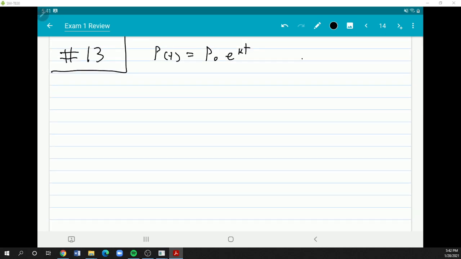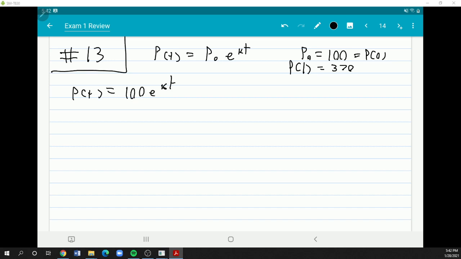Also, we were just told P naught is equal to 100, and P of 1, because this is P of 0, P of 1 is equal to 370. So, P of t is equal to 100 e to the kt.